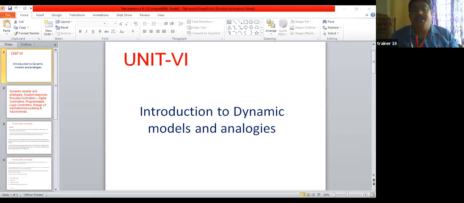Unit three is hydraulic and pneumatic actuation systems. An actuation system means a system actuating to get our required output, and the medium may be hydraulic or pneumatic. In unit 3, we studied fluid systems, hydraulic systems first and then pneumatic systems, with various components and types of valves: pneumatic control valves and hydraulic control valves.